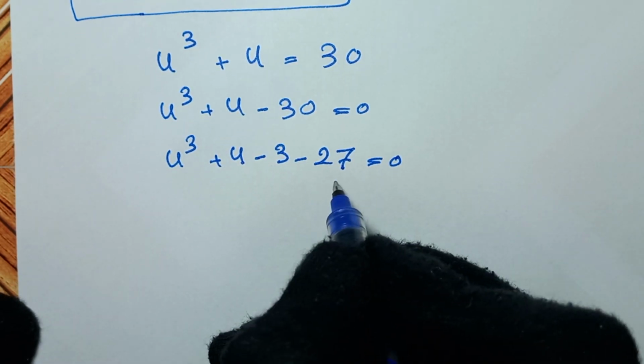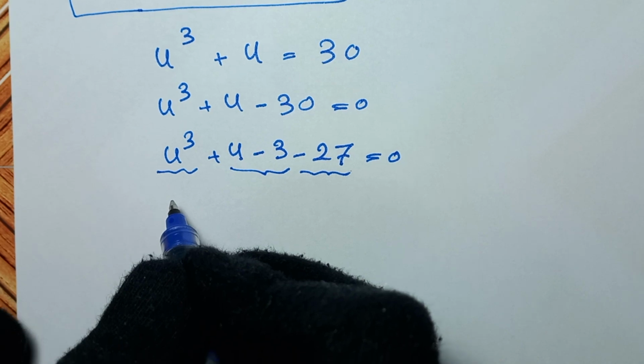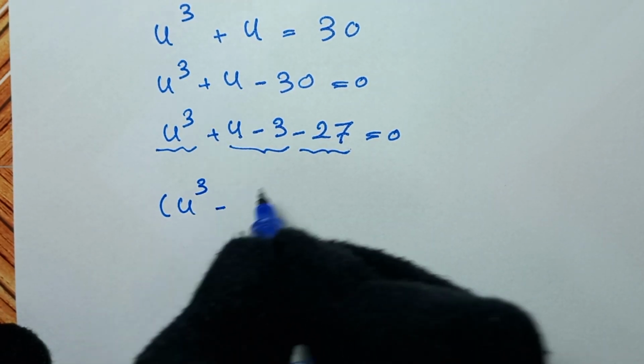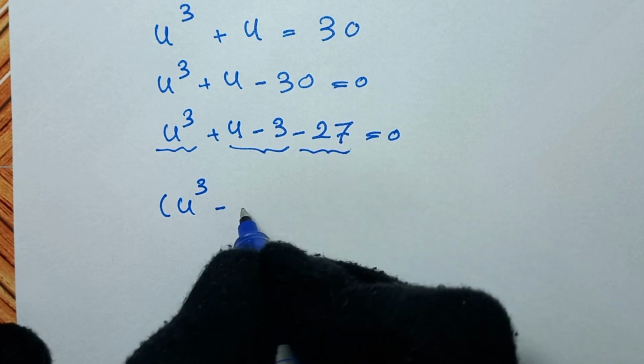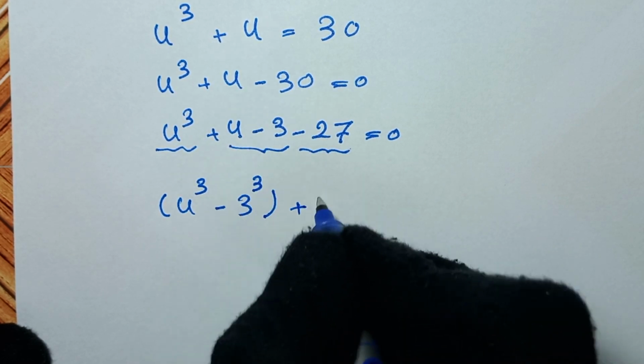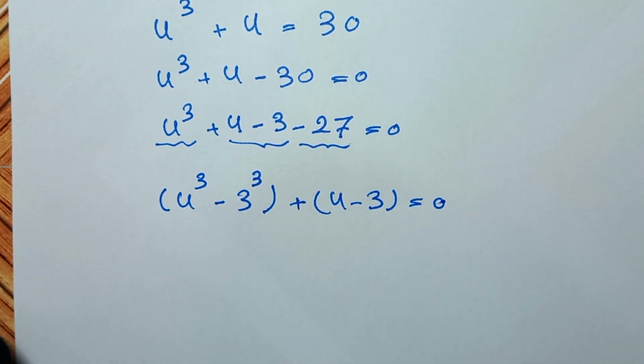And next step, we take these two parts together. So it will be u cubed minus 27, and we can write 27 as 3 to the power of 3, right? And plus u minus 3 is equal to 0.